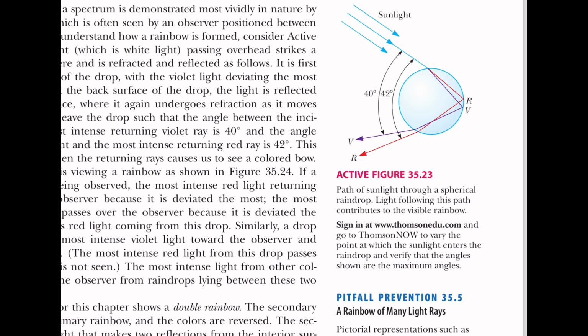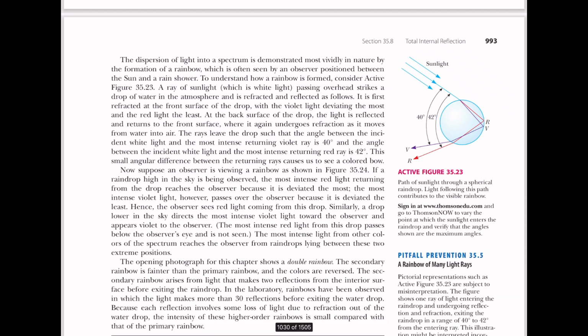They have different paths because their wavelength is different, so they refract differently, which is the whole first section we saw there of dispersion. And you can actually see they show you angles 40 degrees and 42 degrees, which is from the incoming sunlight, which angle the final rainbow rays are coming out at. So just a little diagram there, not too important to remember, but pretty interesting to see.